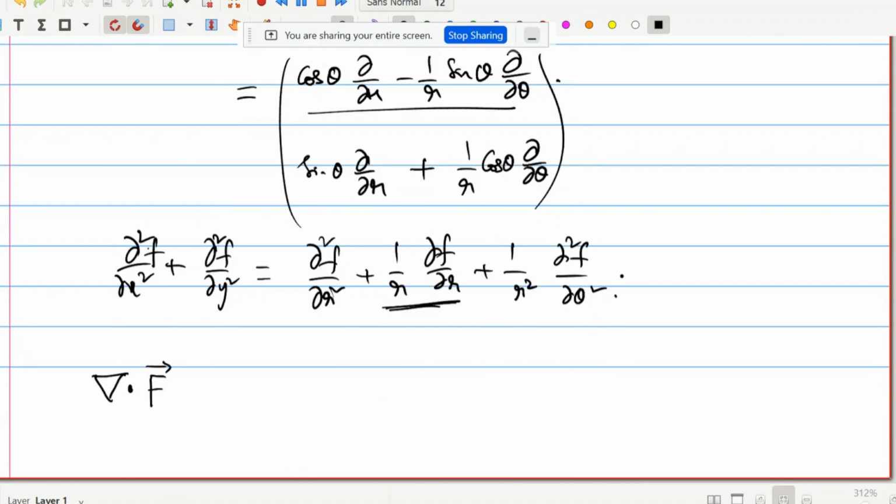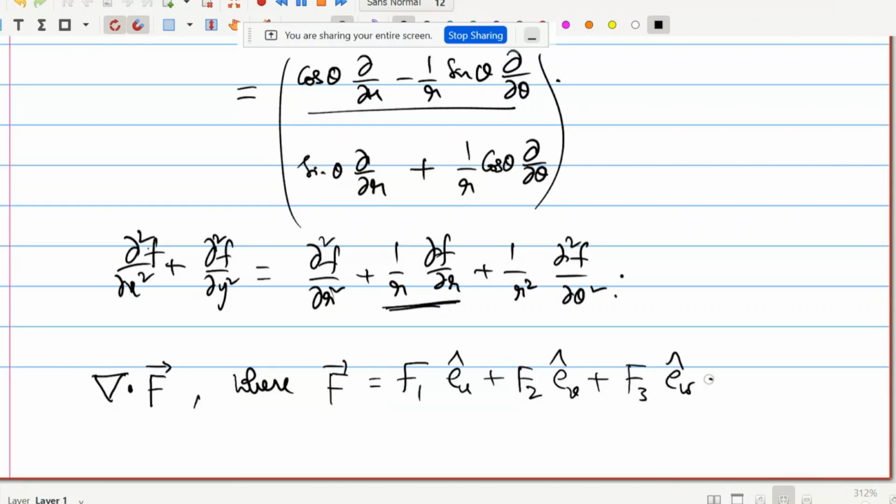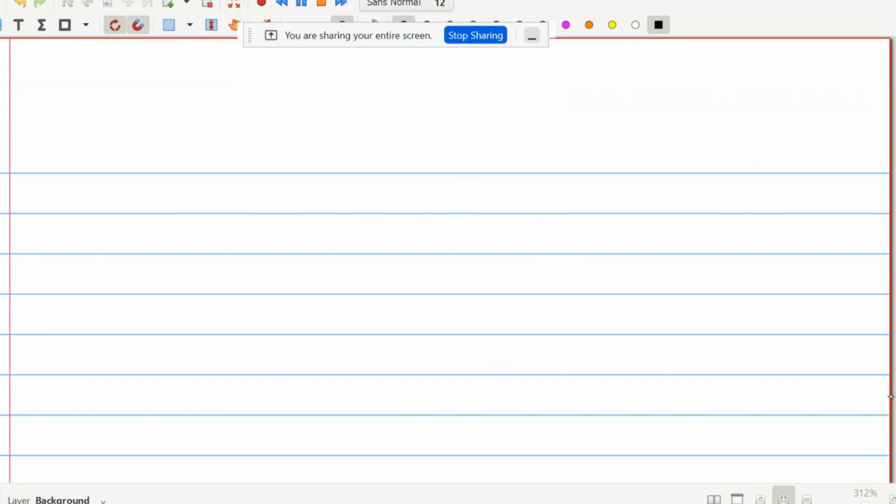Let me write what f is. f is f1 e_u cap plus f2 e_v cap plus f3 e_w cap, a function of u, v, w, your coordinates.